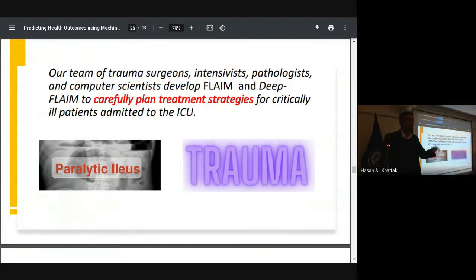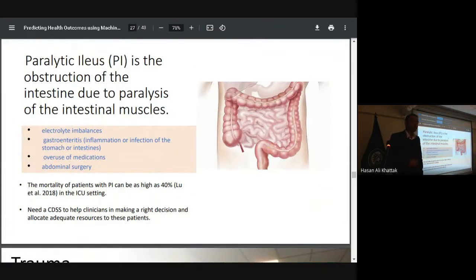Now, just to give you some background, as most of you are computer science students: paralytic ileus is the obstruction of your intestine due to paralysis of the intestinal muscle. It could be due to several factors, like electrolyte imbalance, gastroenteritis, overuse of medication, especially antibiotics, or abdominal surgery.